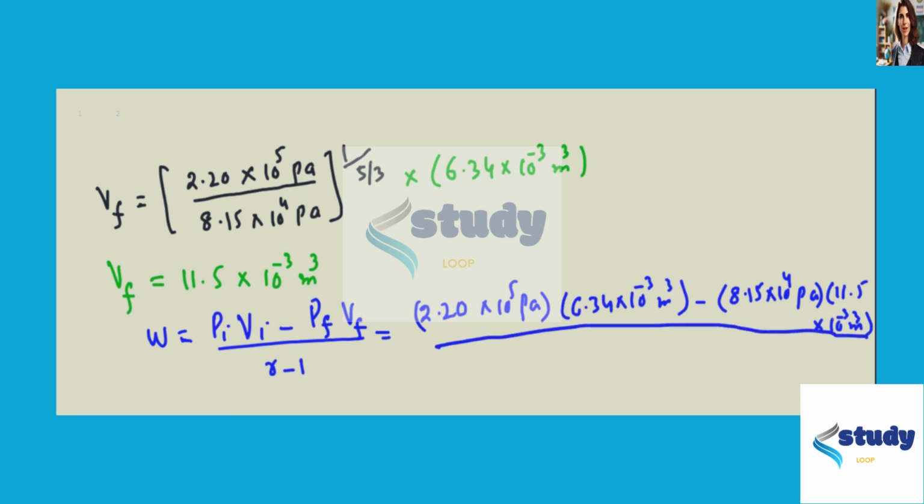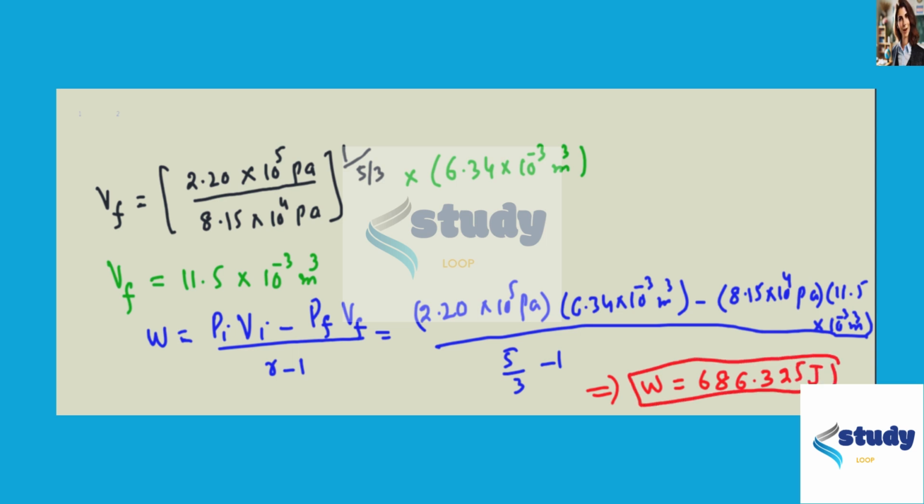Here gamma is 5 upon 3 minus 1. So this gives us work done in an adiabatic process equal to 686.325 joule.